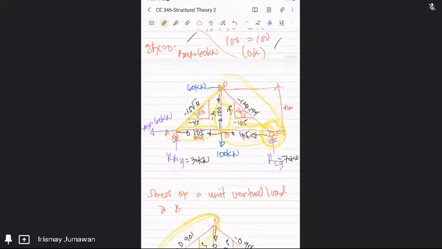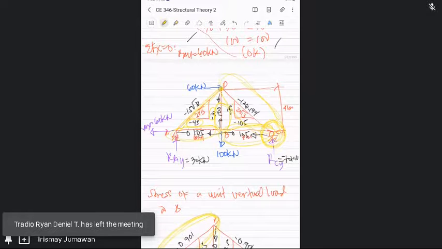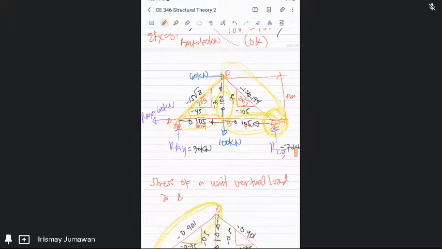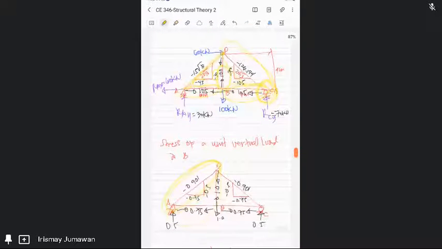Usara na siya ka-input. What you need to do is you also have to apply 1 unit load. Sa indeterminate beam, i-identify na to ang redundant na member.